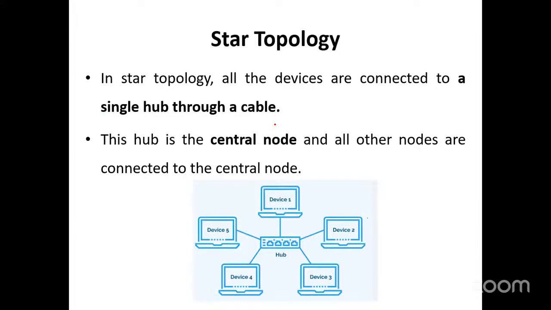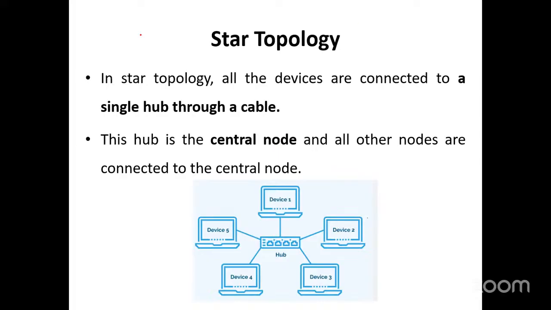Next topology category is star topology. By the name, you can understand the way how the cables are arranged. In simple terms, you can say that the cables are arranged in the star manner, in the star shape. That's why this topology is called star topology.